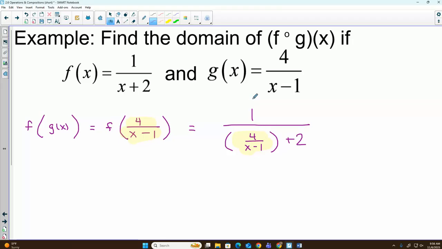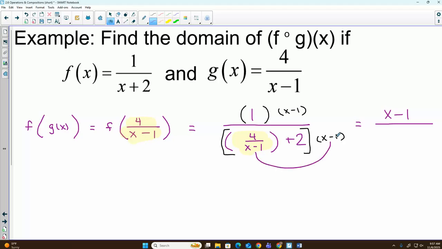No. The easiest way to get rid of it is to just multiply by that denominator. So I'm going to take top and bottom times x minus 1, that denominator. So 1 times x minus 1 is x minus 1. What happens if I take 4 over x minus 1 times x minus 1? Cancels and just gives me a 4.